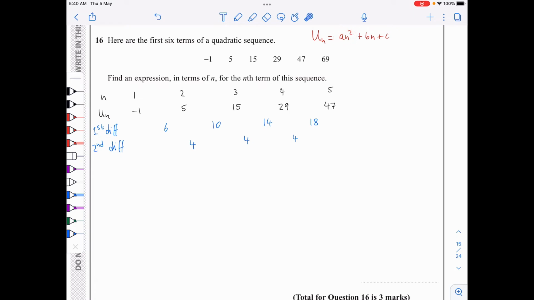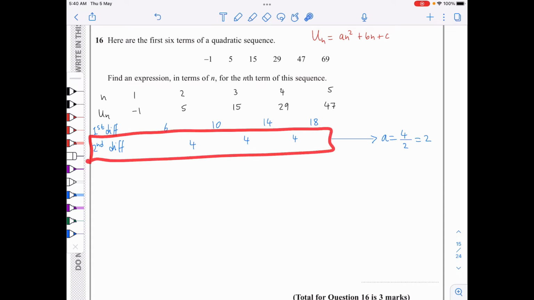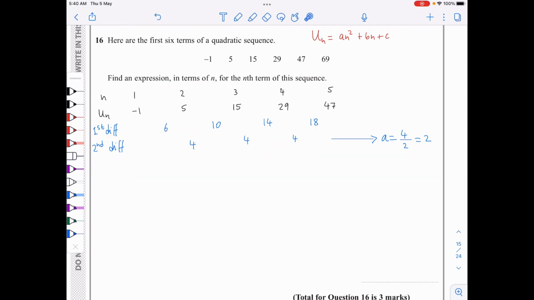So from the fact that the second row of differences is 4, leads to the conclusion that a is 4 over 2, which is 2. In other words, once you get the second row of differences and you see the constant number here, divide that by 2 and you have found a. So it's going to be 2n squared plus bn plus c.